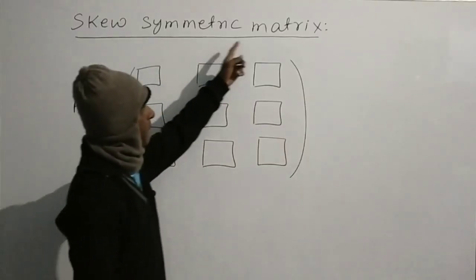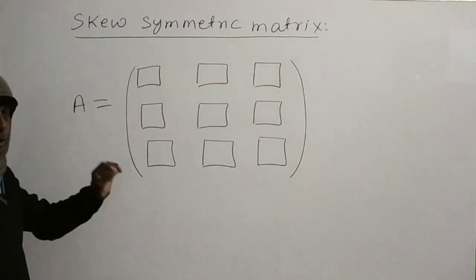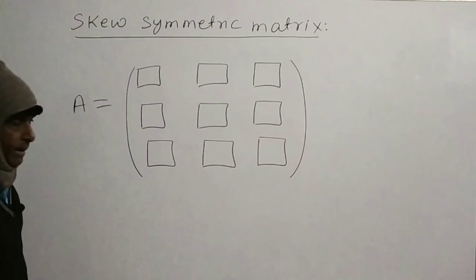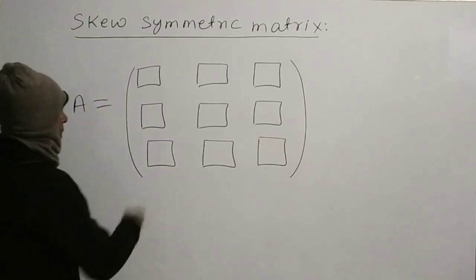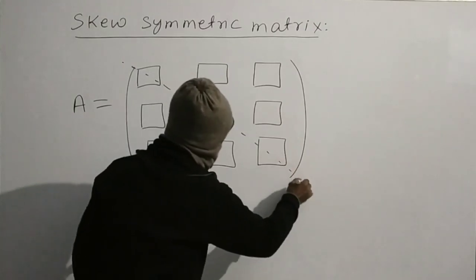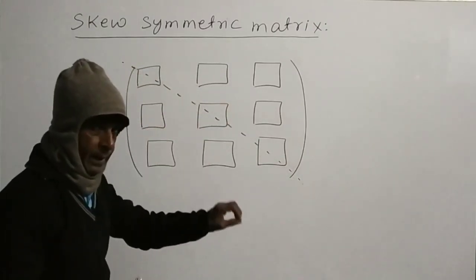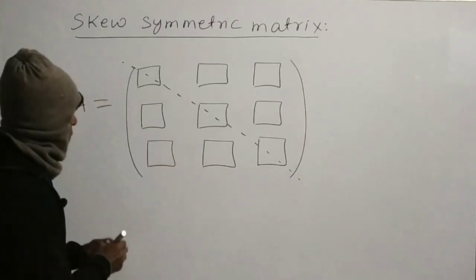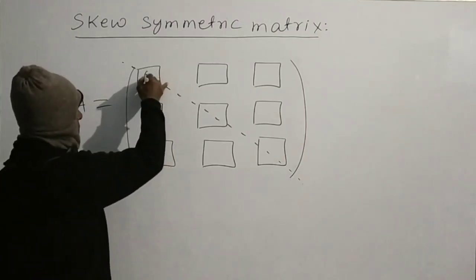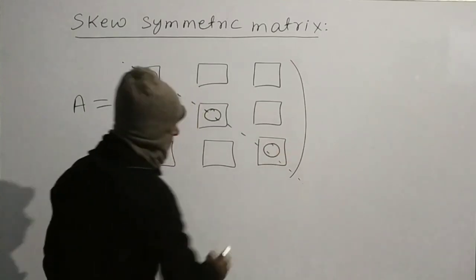Skew symmetric matrix. We write here an example of a skew symmetric matrix. This is the principal diagonal. All the diagonal elements should be 0. That means here must be 0, here must be 0, here must be 0.